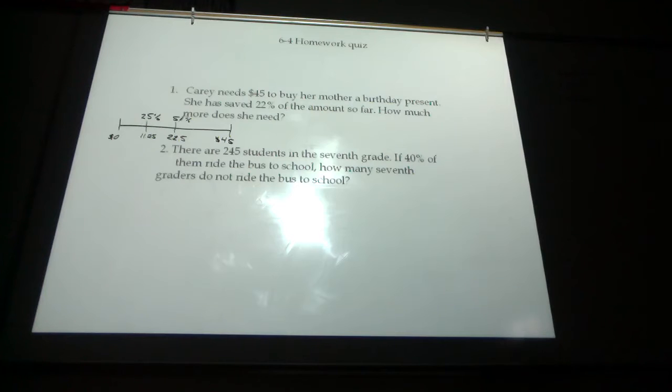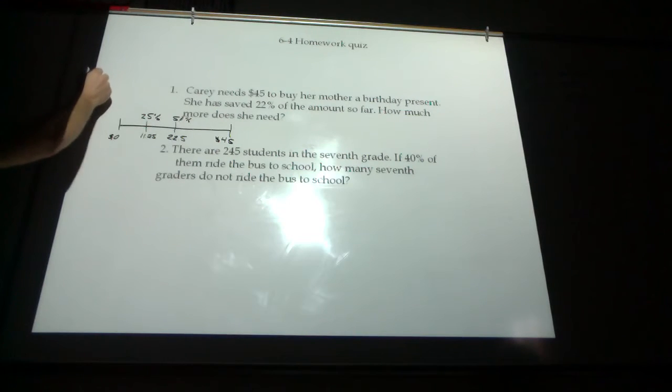Now, here are the steps we need to take for this one. We can go one of two ways. We've talked about finding 10% of a number. Who can remind us, how do we find 10% of a number? So what is 10% of 45? 4.5.